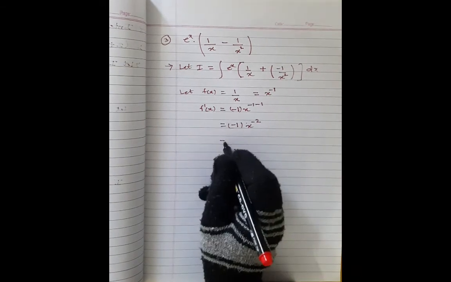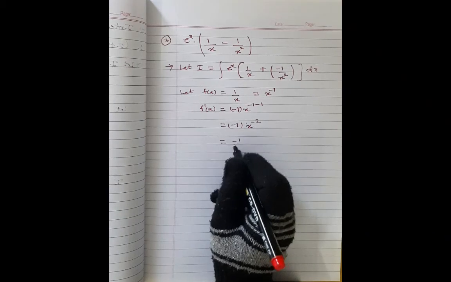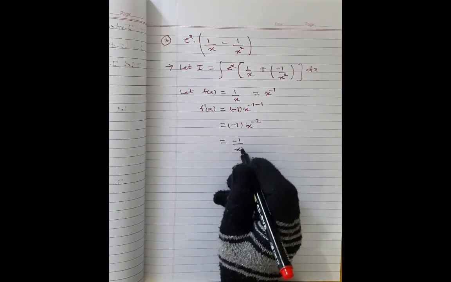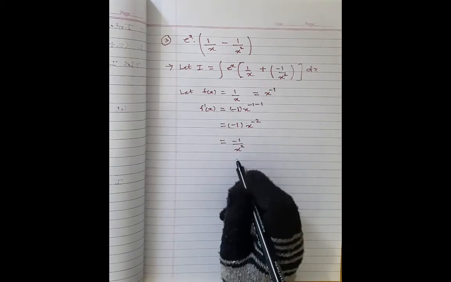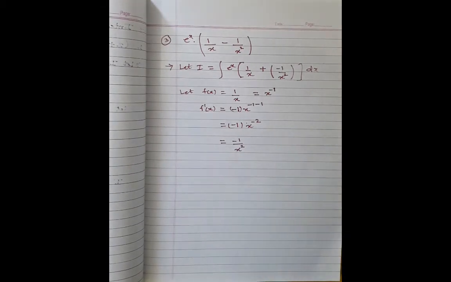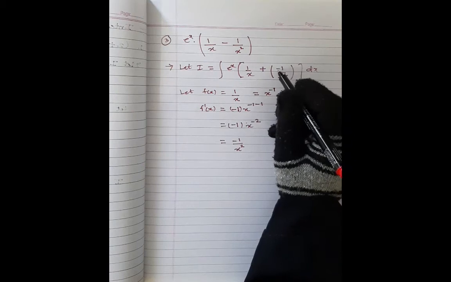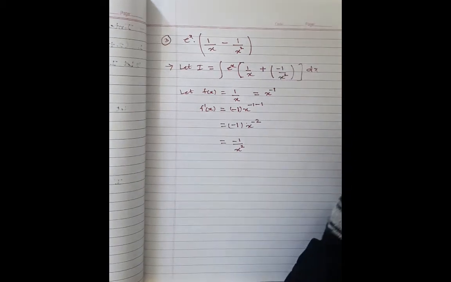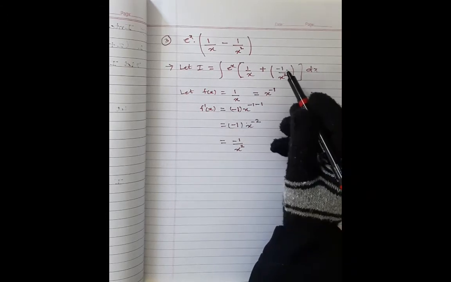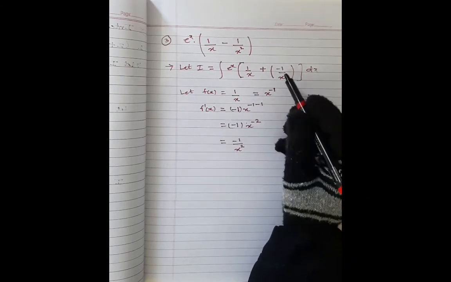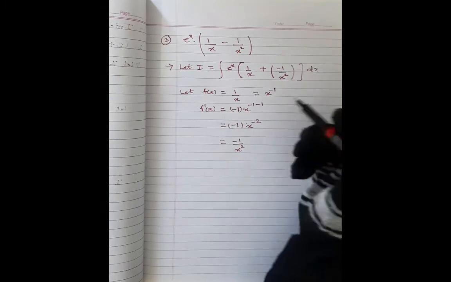Students, x raised to minus 2 we will write in the denominator as x square, so it is minus 1 upon x square. So what is our f dash x? Minus 1 upon x square. So we will assume f of x as 1 upon x and f dash x is minus 1 upon x square.